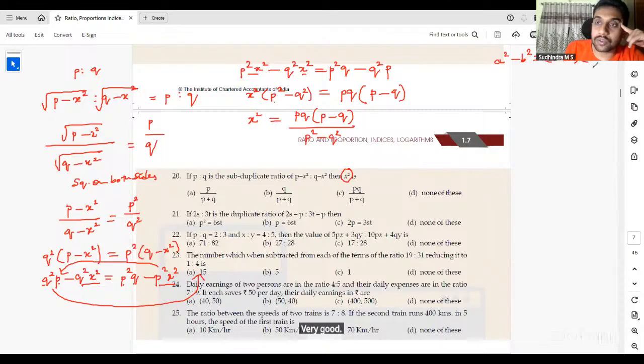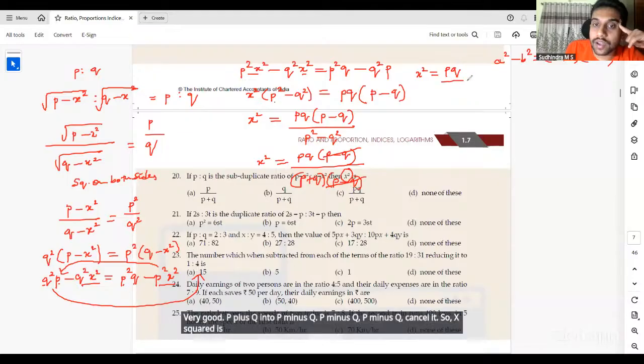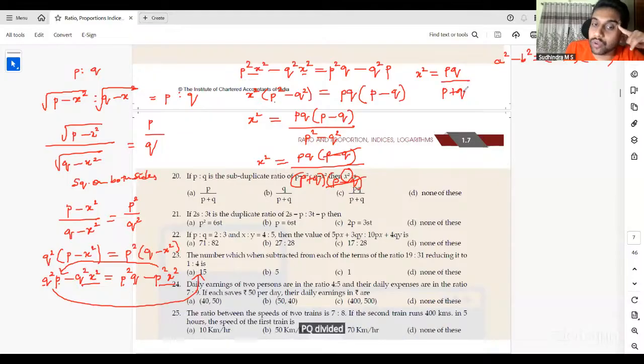So I can write the denominator as P plus Q into P minus Q. P minus Q cancelled. So X square is PQ divided by P plus Q. Option C.